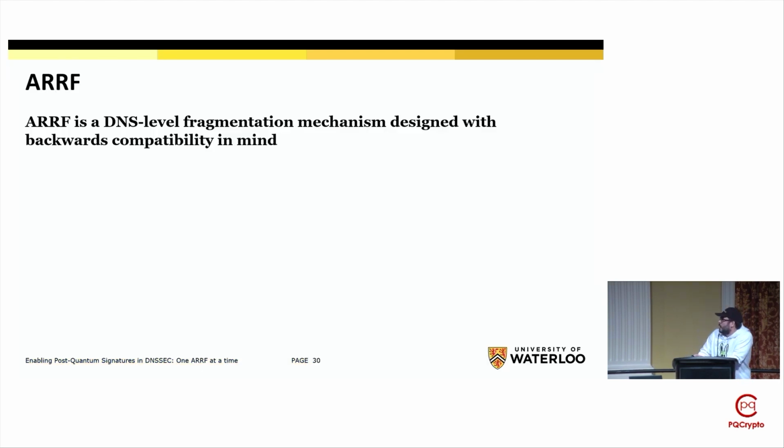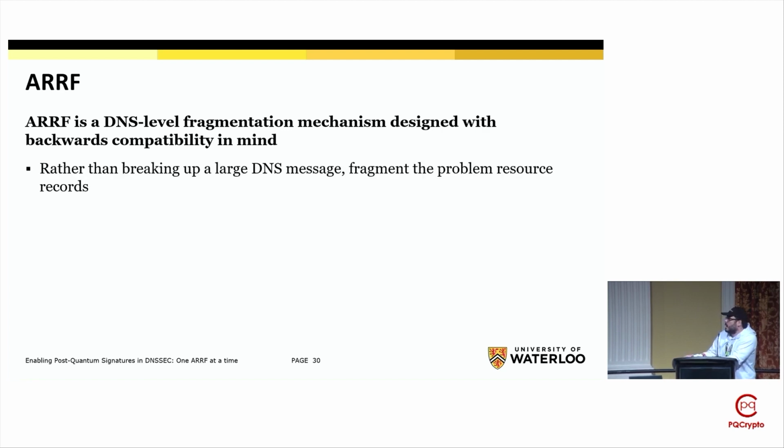So at a high level, ARF is a DNS level fragmentation mechanism designed with backwards compatibility in mind. Rather than chopping up DNS messages, we will look at the resource records themselves that are causing the problem and break them up.